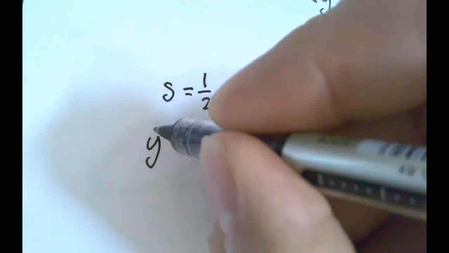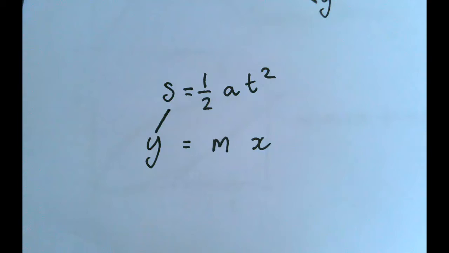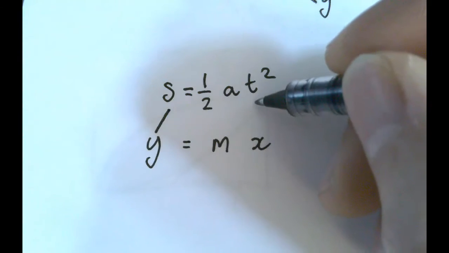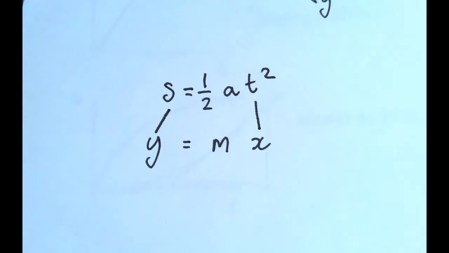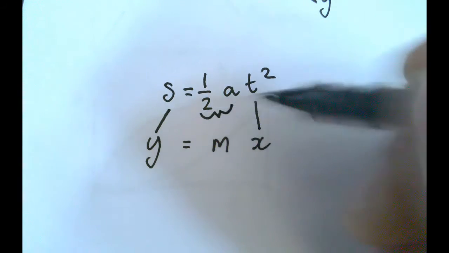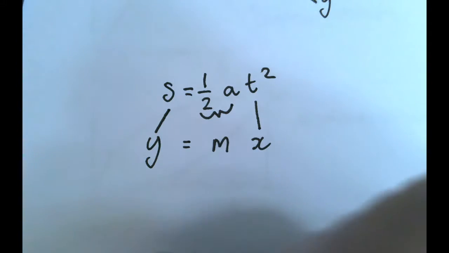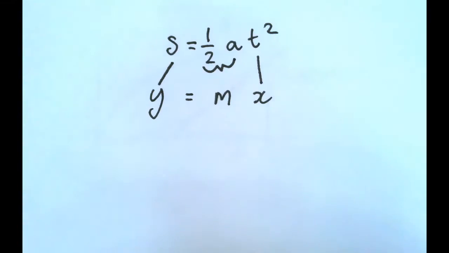So this tells us that if we were to get multiple values of s, we could plot those on the y-axis, and if we plotted t squared on the x-axis, the gradient of our graph would be half a. So it would be half of 9.81, hopefully. So that's what we do.